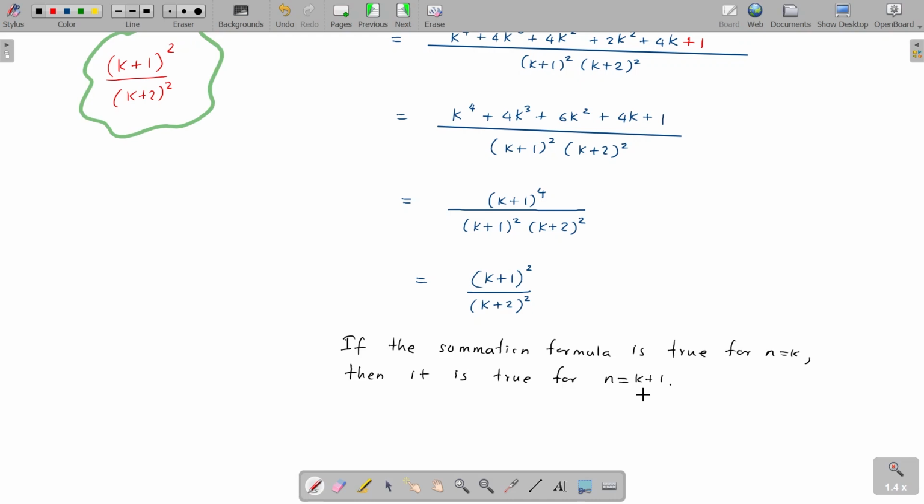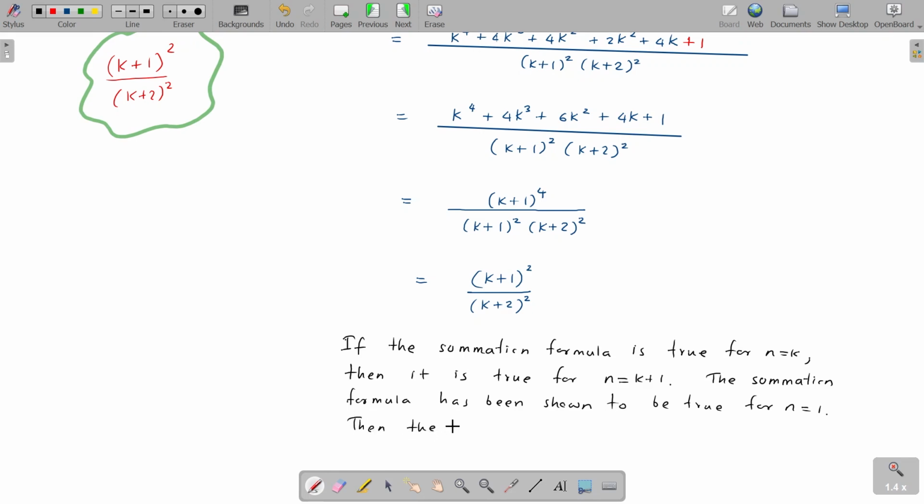Then the summation formula, or we can use the word result, the summation formula has been shown to be true for n equal 1. Then the result is true for what?